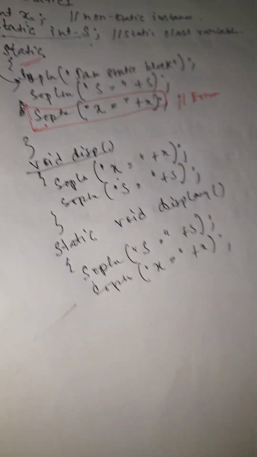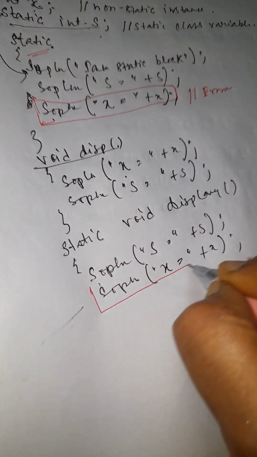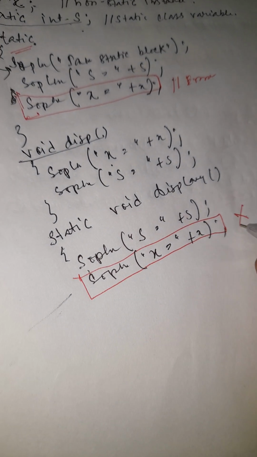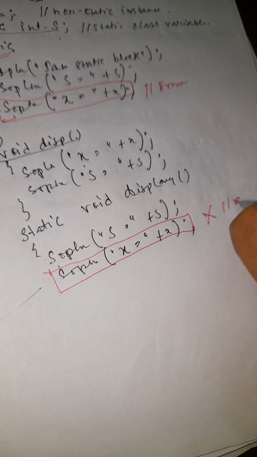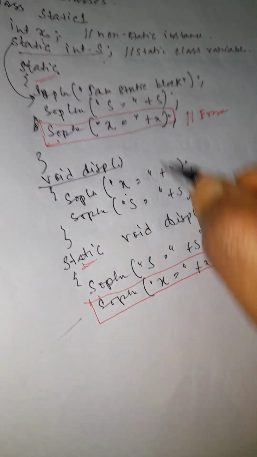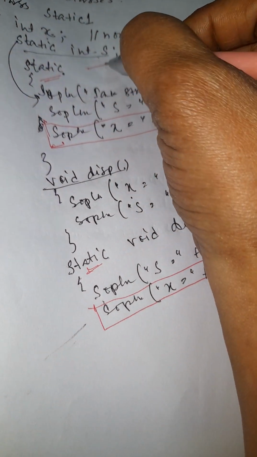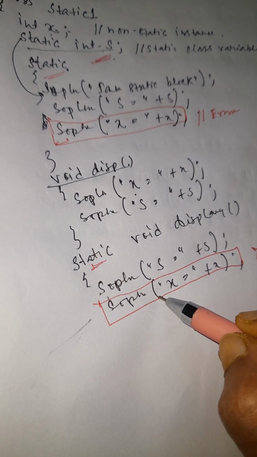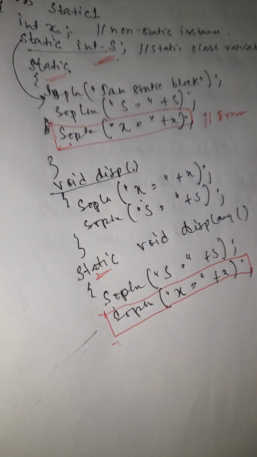This one also will give error. Why? Because x is a non-static variable, non-static member. So this one is also error. Why? Static method can access only the static member. Only the static member you can access, but non-static member if you want to access, then it throws error. Okay, over.